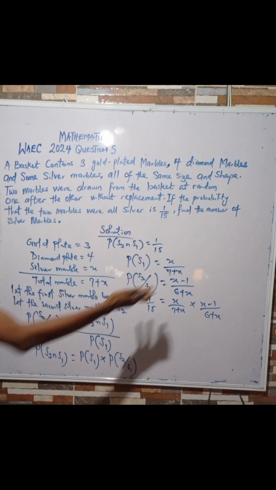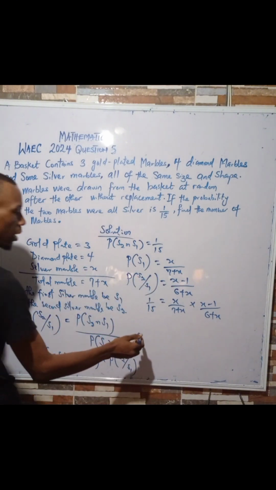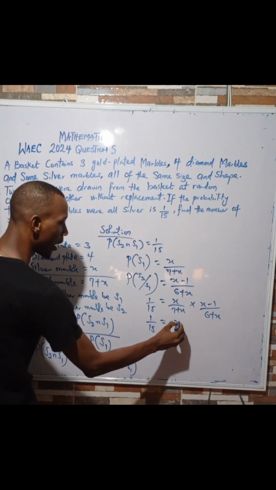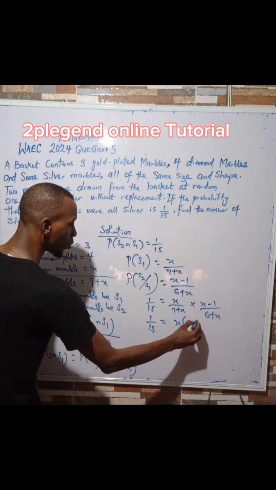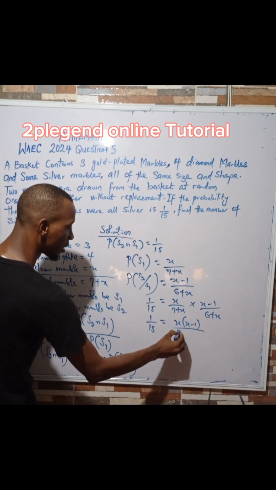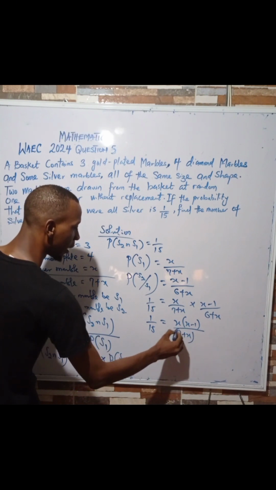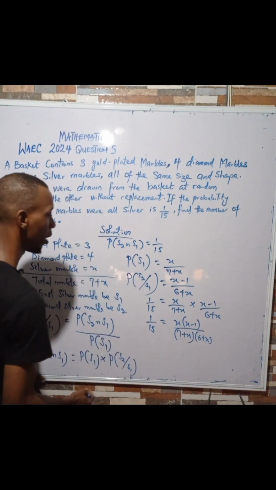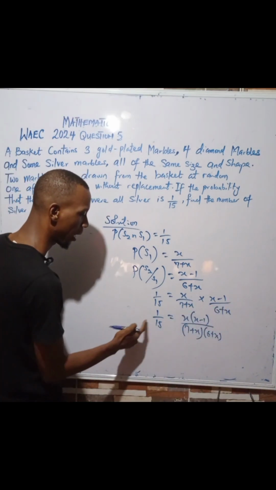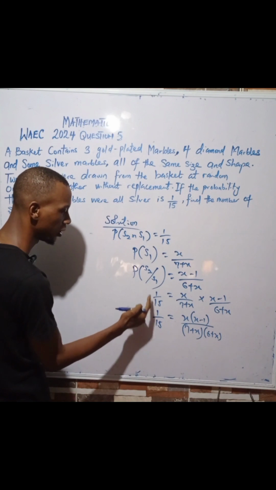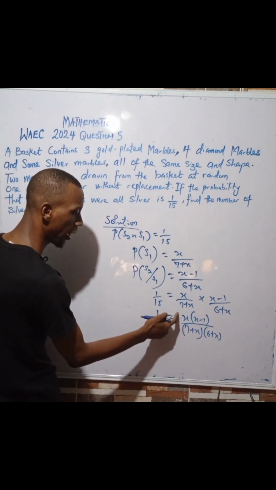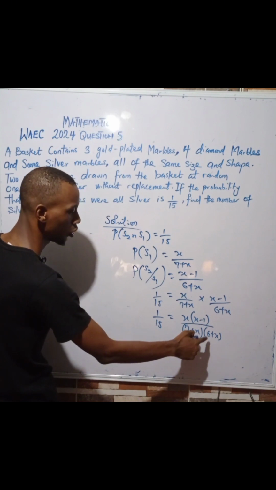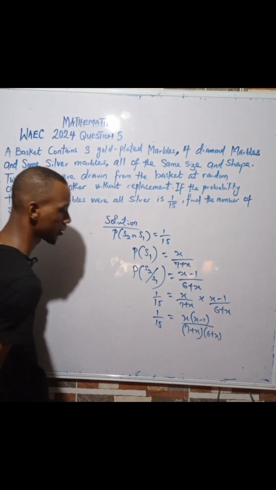If we expand this now, this becomes 1/15 is equal to x into bracket x minus 1, over 7 plus x into bracket 6 plus x.